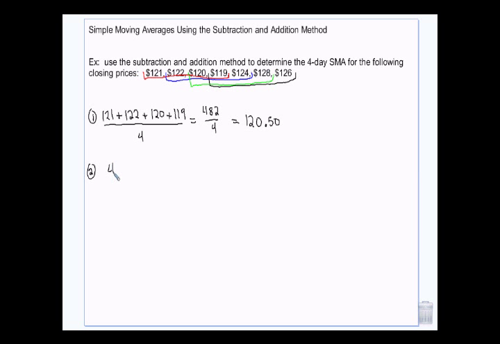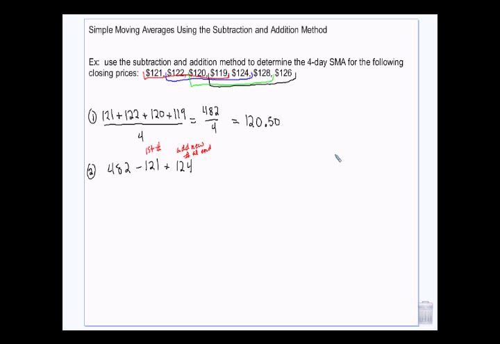Now for my second, I'm going to take that 482. I'm going to subtract the first number and add the new number at the end. So take that one out, put this one in.